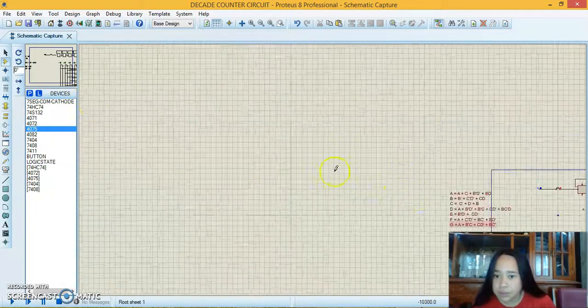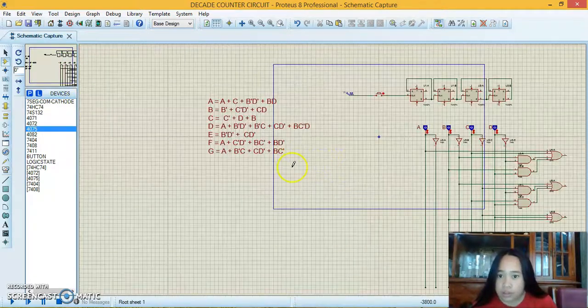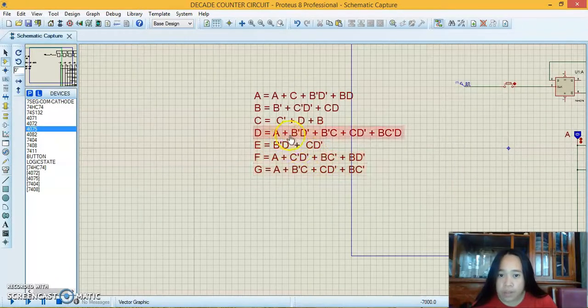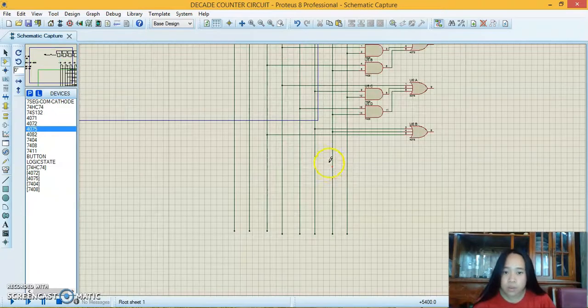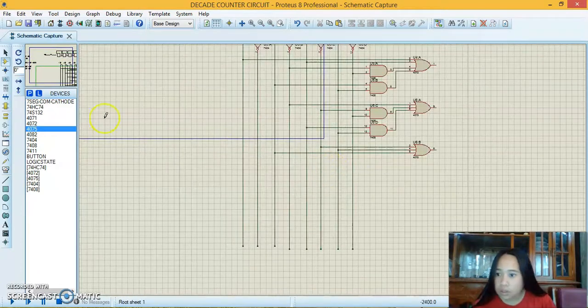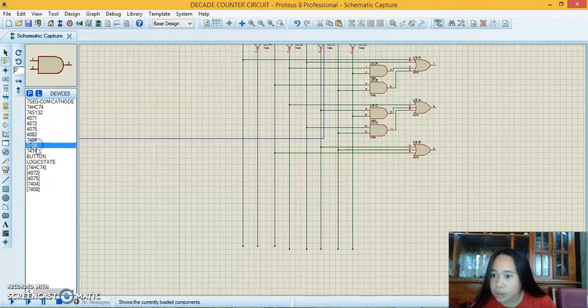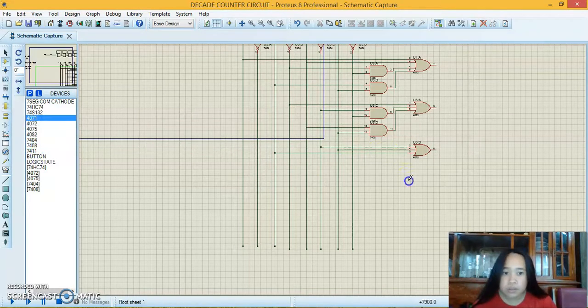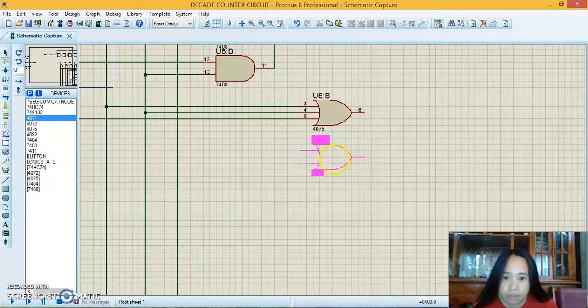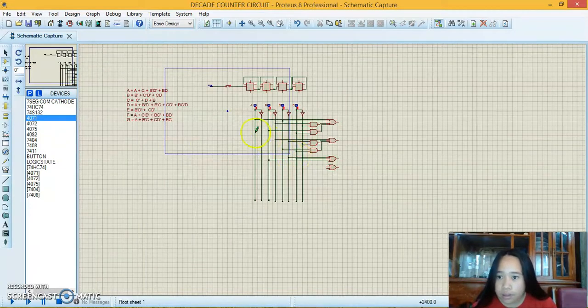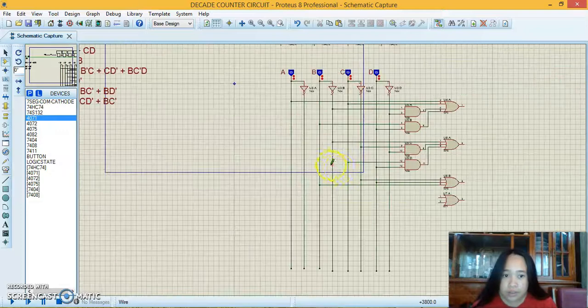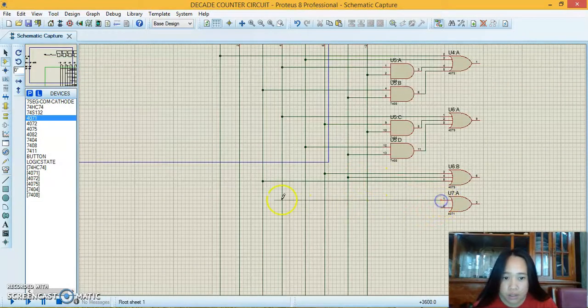Let us proceed to equation D: A plus B prime D prime plus B C plus B prime C plus C D prime plus B C prime D. First we will use a two input OR gate, and this one a three input OR gate. The first is A, you can connect directly the A here.